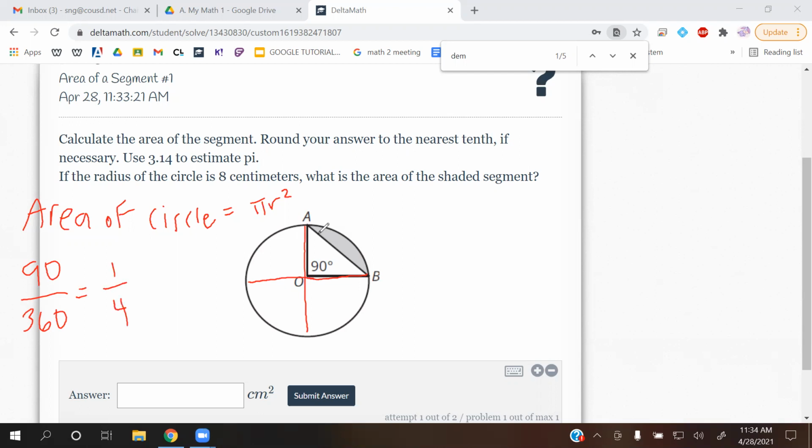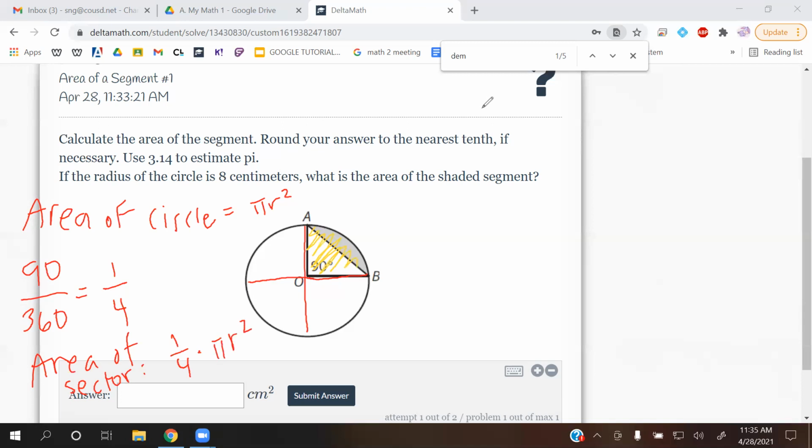And you can also see that over here, let me shade it in. This slice of the circle is 1/4 of the entire circle. So therefore, that yellow bit that I've shaded in should have an area of 1/4 times pi r squared.